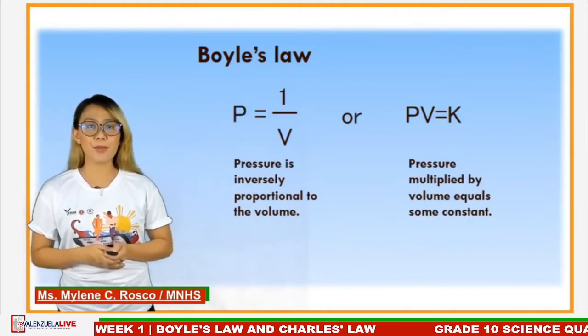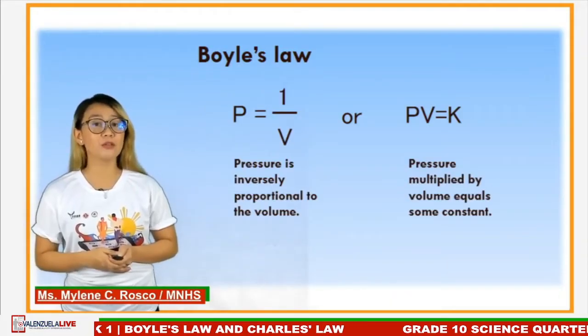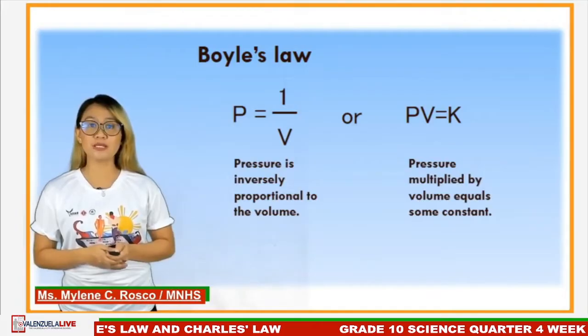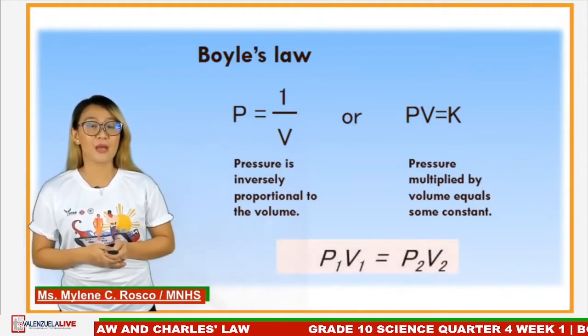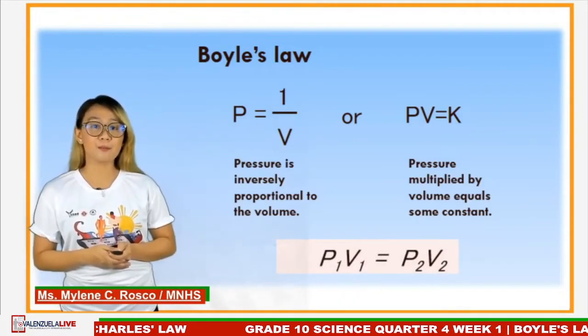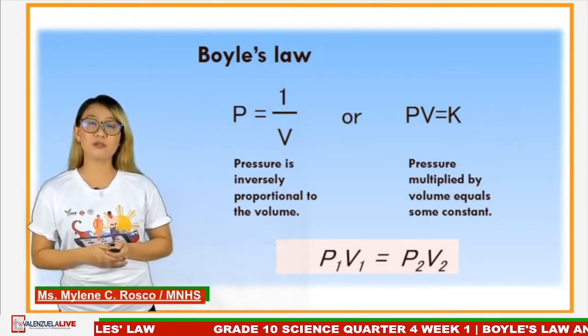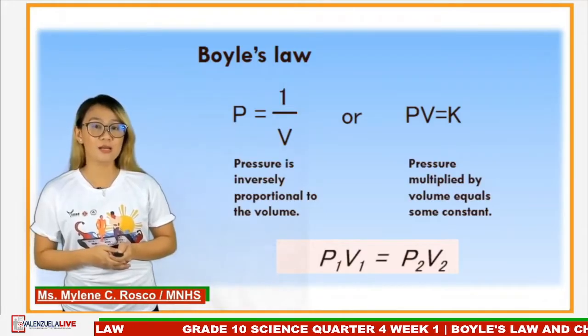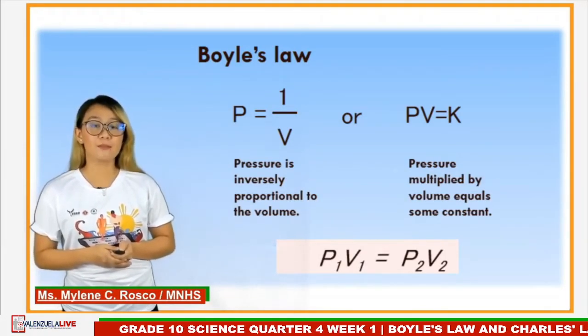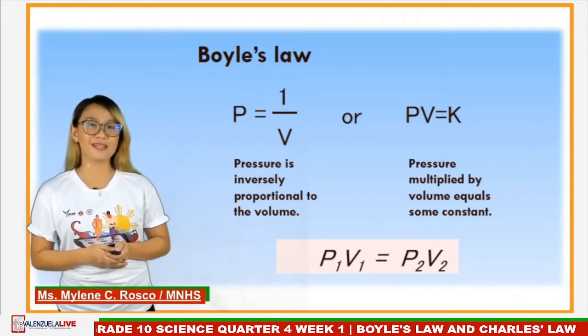Now, for comparing the same substance under two different sets of conditions, the law can be usefully expressed as P1 or initial pressure multiplied by V1 or initial volume equals P2 or final pressure multiplied by V2 or final volume.